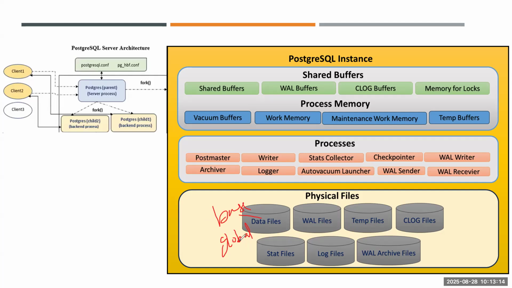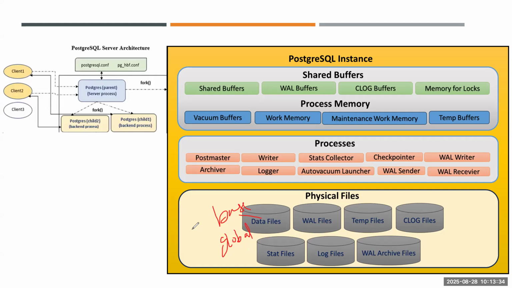What is base? What is global? Where can I see them? You can understand only once you build the cluster. Today we'll build a cluster anyhow, and tomorrow I will walk through each and every directory clearly.